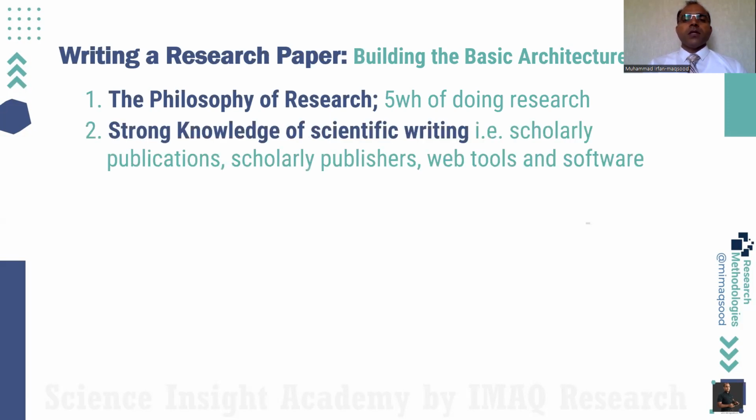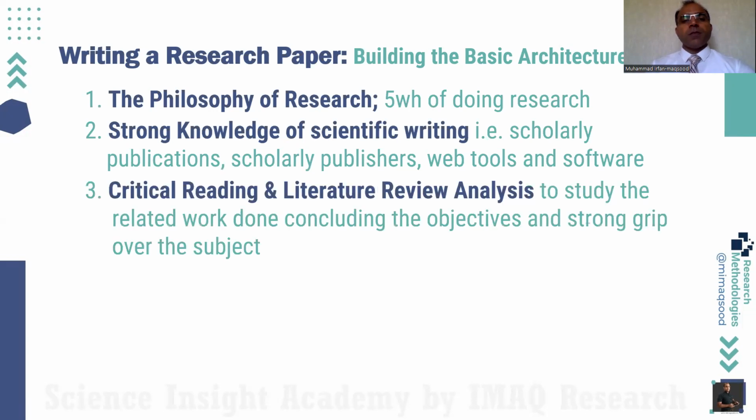We talked about the basic knowledge of scientific writing: what scholarly publications are, what scholarly publishers are, how scholarly publications differ from the general publications of media groups, and what web tools and software are used while writing research papers, along with all the components of a scientific paper.